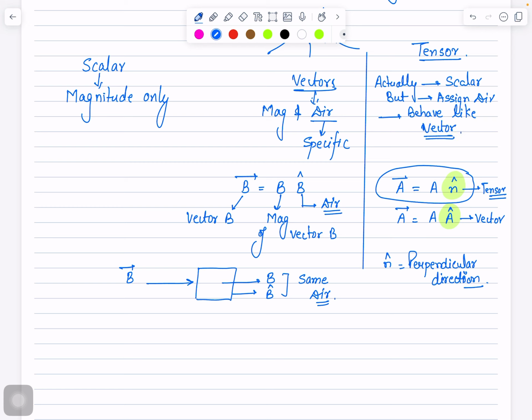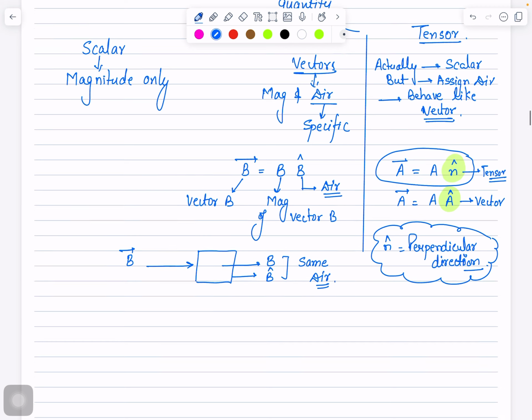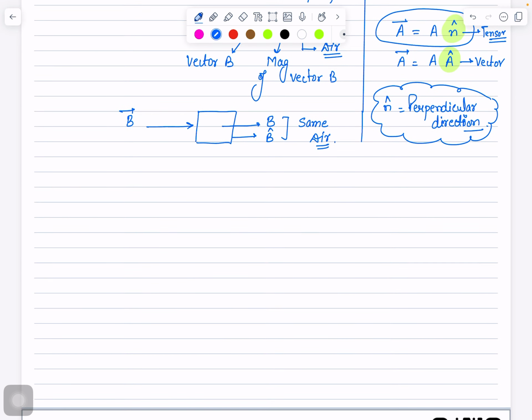But guys, just remember their directions are always perpendicular to the surface. I'll give you an example so that you can understand. Let's say this is the area, a circle. So what should be the direction of n cap? It should be perpendicular to the surface. Here is n cap.